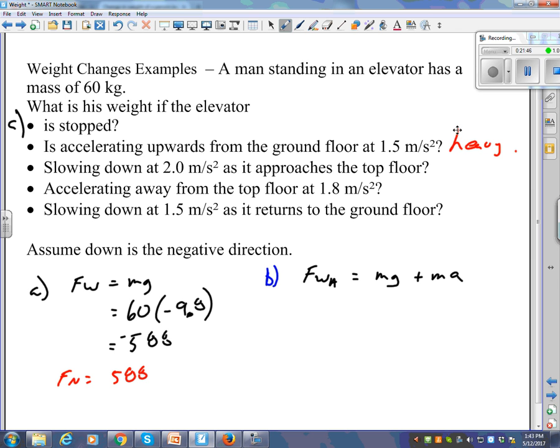You'll see it worded a little differently in the solutions because I've changed up how I describe it. F_WA, apparent weight force. What you appear to weigh. Because it's changing now, I need a way to distinguish between that one and that one. So this mg is going to be 588. And don't ask me if it's positive or negative just yet. Mass times gravity.